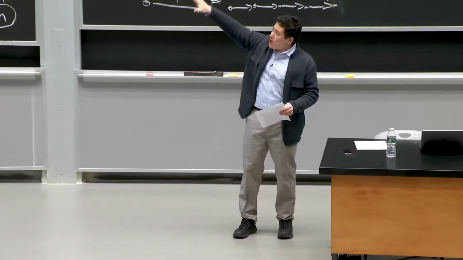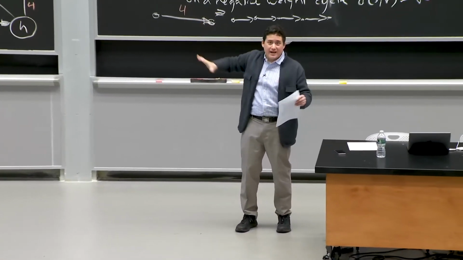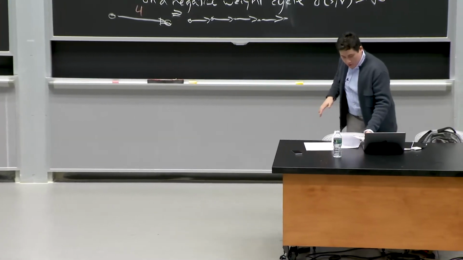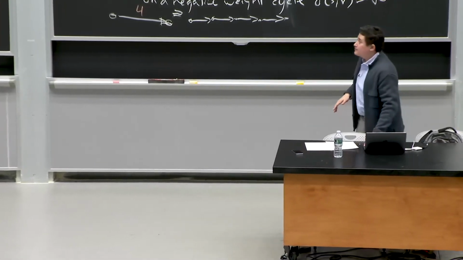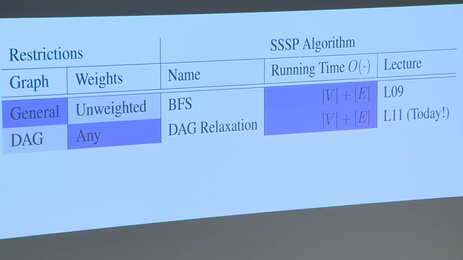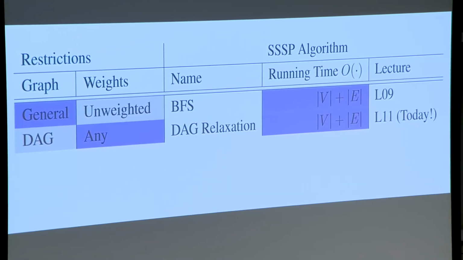One more special case we're going to go over today is when we have this really nice structure where we have a DAG, a directed acyclic graph, like we were talking about in the last lecture. We can actually, for any set of edge weights, right?